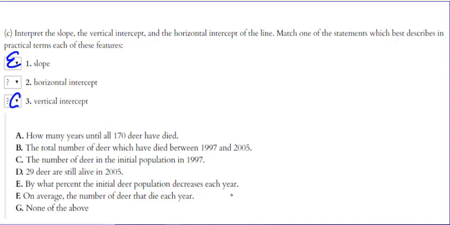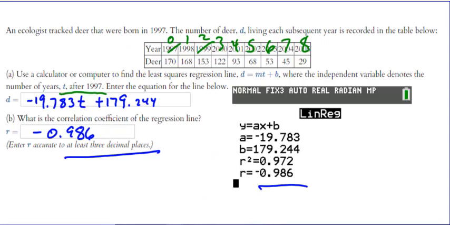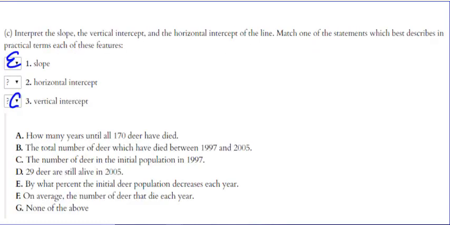Horizontal intercept is, well, let's go back and look at something. No, that ain't 29,205. That's not the horizontal. My Y's not 0, so how many years until all the deer died?